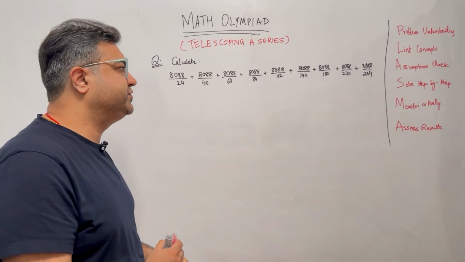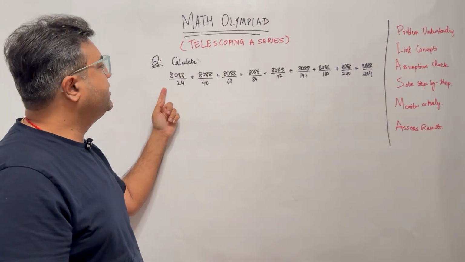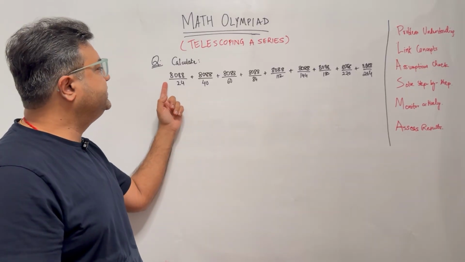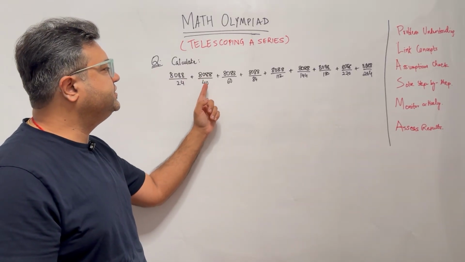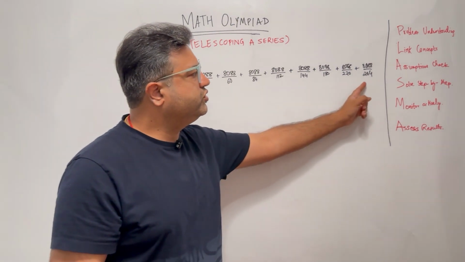Okay, let's get started. Here we have to calculate this sum: 8088 divided by 24 plus 8088 divided by 40 plus 8088 divided by 60, up to 264.